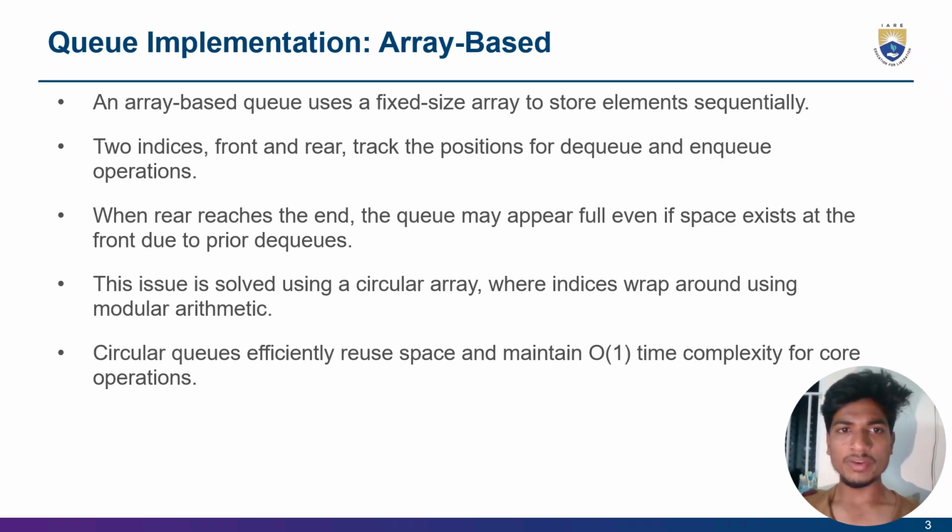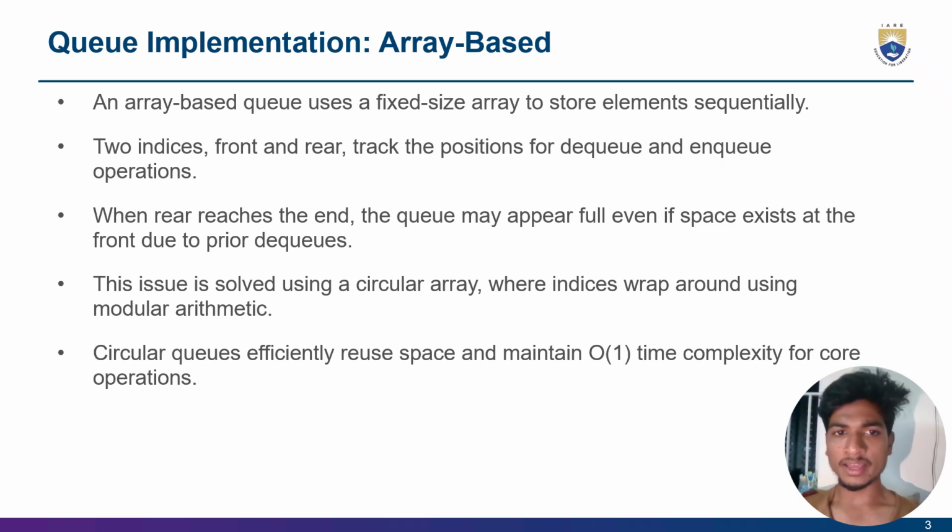So next one is queue implementation, array based. Here an array based queue uses a fixed size array to store elements sequentially. Two indices, front and rear, track the positions for dequeue and enqueue operations.